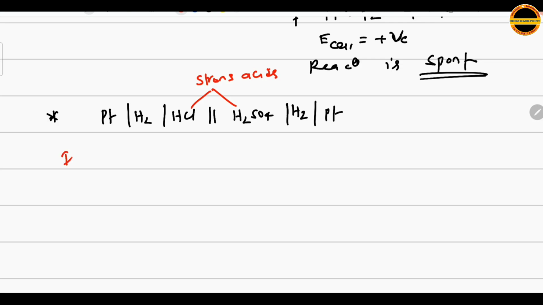But if weak acids like CH3COOH are taken in place of strong acids, then how do we use the formula? You can't directly calculate the concentration of a weak acid, we need alpha also.